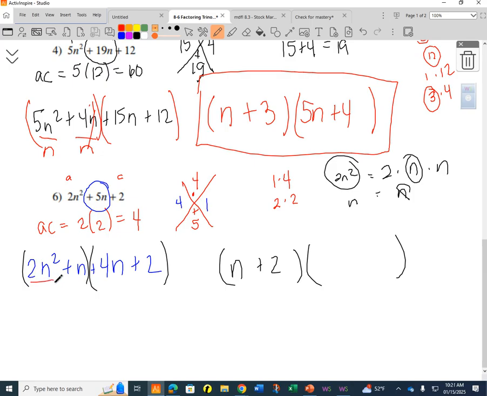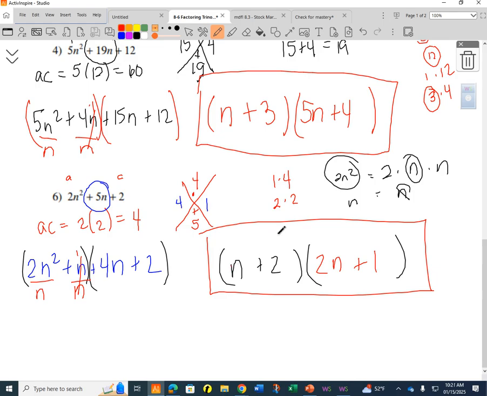Yep, 2n squared divided by n. What else? So 2 isn't divided by anything, so I have to leave that. n squared divided by n is n. 2 divided by 2 is 1, and that's plus 1.